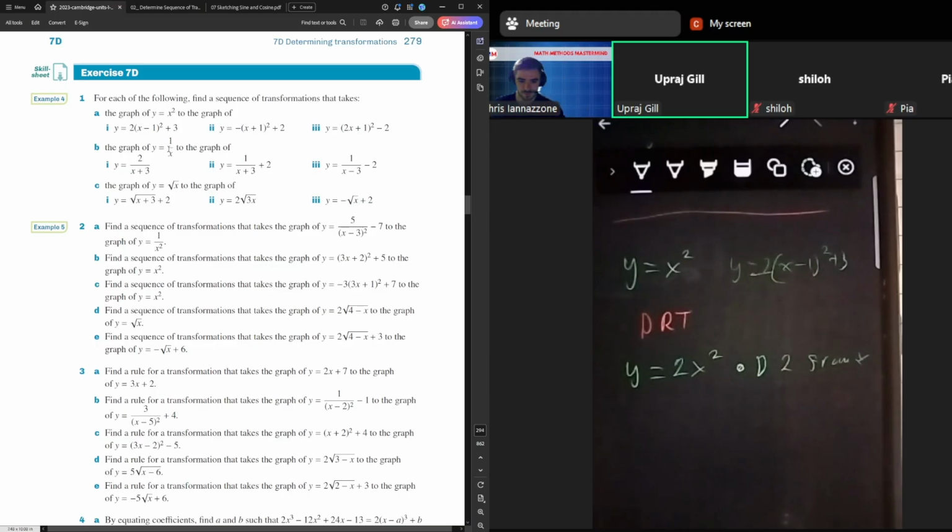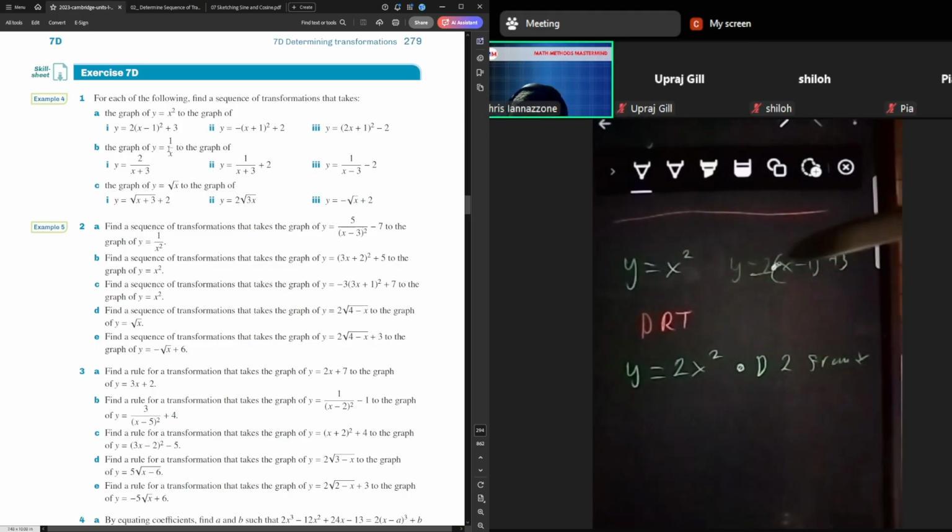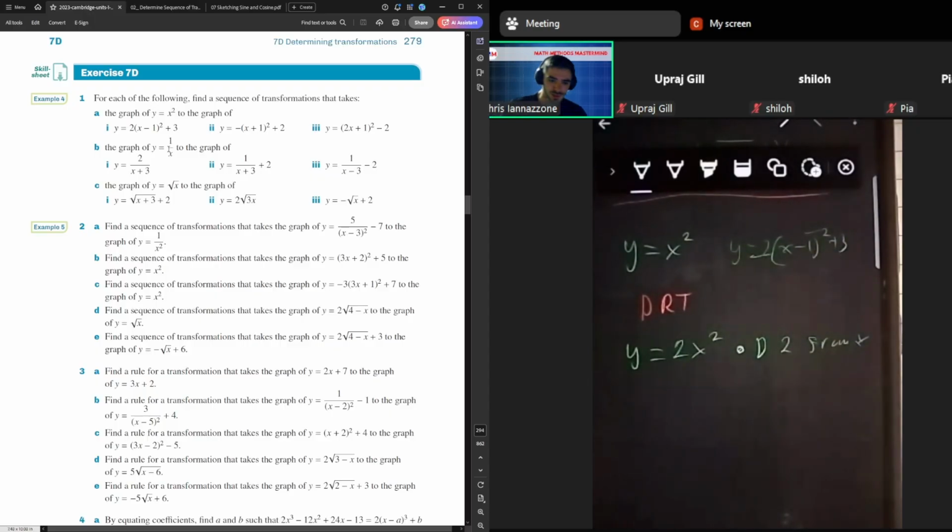We're looking at translations now. Yep. No more dilates, there's no more multiplications, no reflections, there's no negatives on the x or y. Moving on to translations. You kind of have free rein as to how you want to go about this. You could do these in any order, y first then x, or x first then y. What would they be?